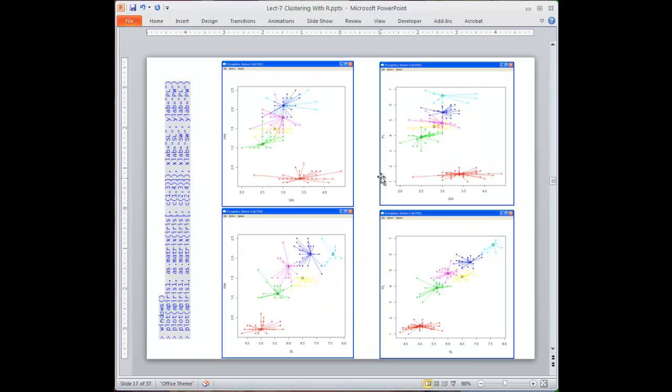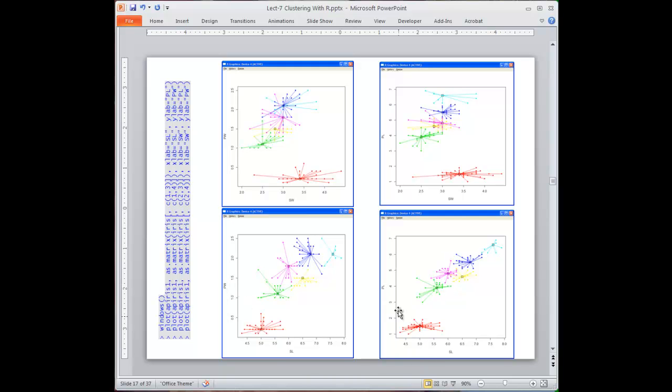When you say Windows, it means it starts a new window. If you look at it here, I plotted sepal length versus petal length and sepal length versus petal width, which is basically taking column 1 and 3, and column 1 and 4.